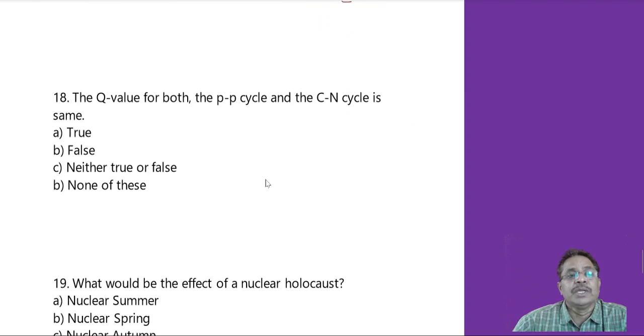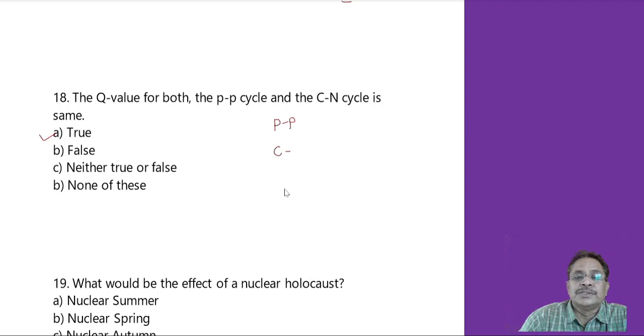Question number 18. The Q value for both the PP cycle and the CN cycle is the same. So again, identify true, false, neither true nor false, or none of these. This statement is true, because whether it is the PP cycle or the CN cycle, in both cases, as I said earlier, 4 hydrogen atoms disappear or fuse together, and that gives me 2He4.